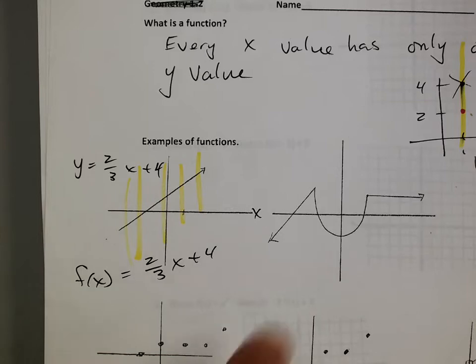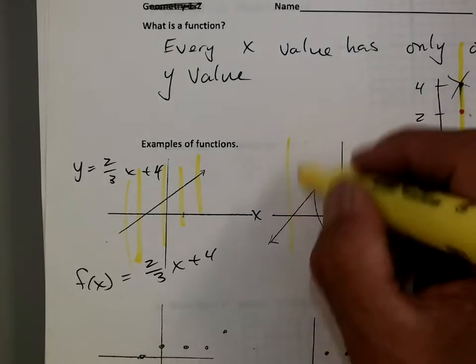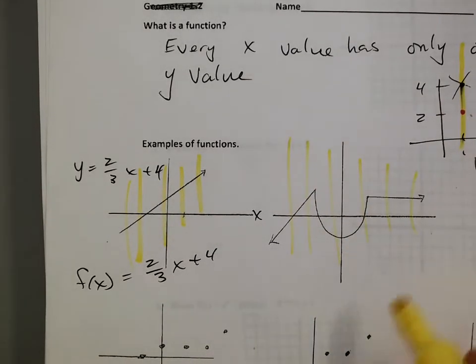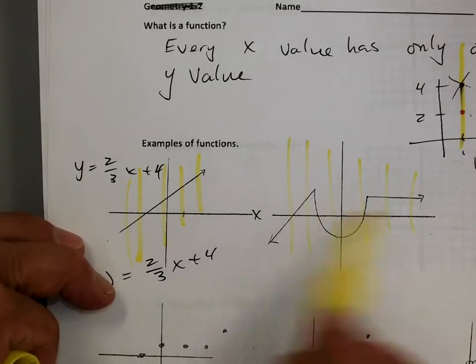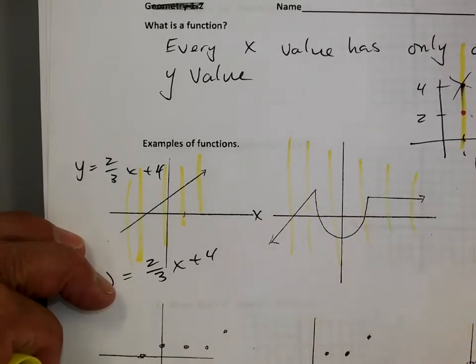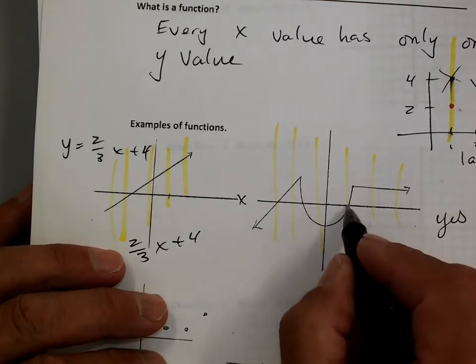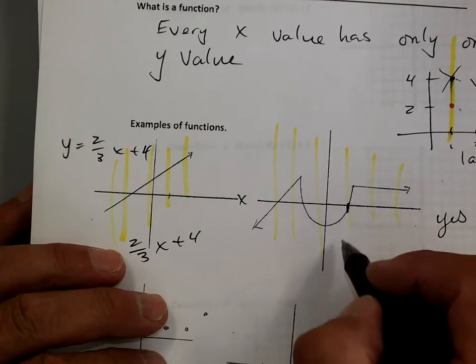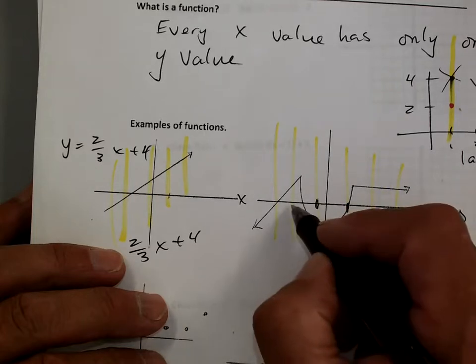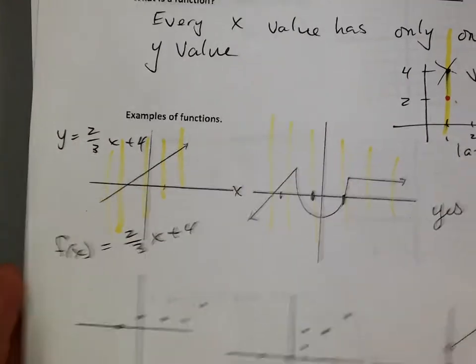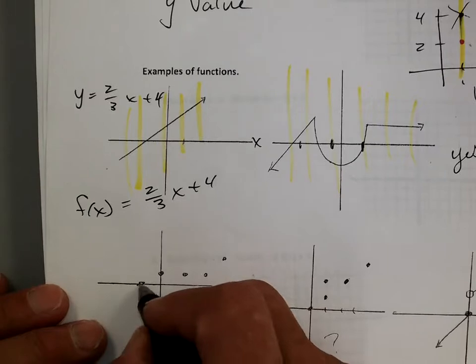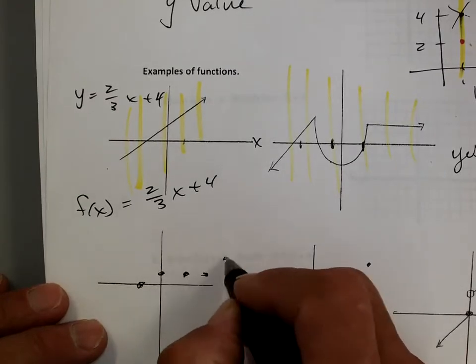Okay, number two, the second example, that is also a function because it passes the vertical line test. It doesn't pass what we call a horizontal line test, but it is definitely a function. Nowhere here does a single x value have two different y values. Okay, the third graph, yes, even though it's just points, it passes the vertical line test.